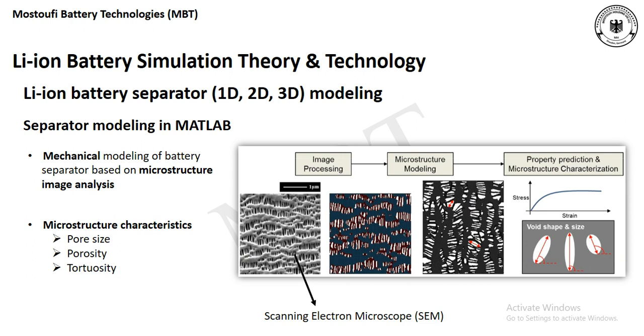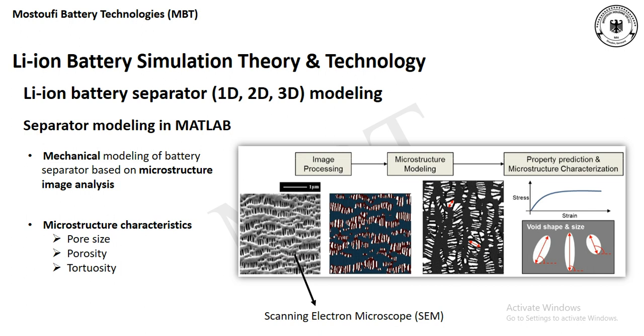Next software that we are going to discuss is the battery separator modeling in Matlab software. The Matlab software is mostly used for image processing and the microscopic analysis of the separator by mechanical modeling of battery separator based on microstructure image analysis.